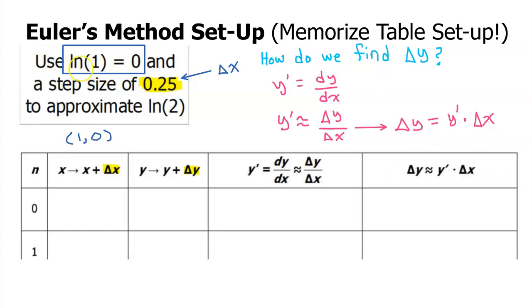For this problem, we are given the initial condition that the natural log of 1 is 0, which translates into the point (1, 0). These first two columns are for x and y. So x is 1 and y is 0. As I mentioned, we are also given delta x, which is the step size of 0.25.